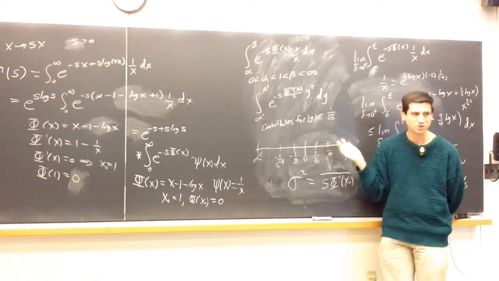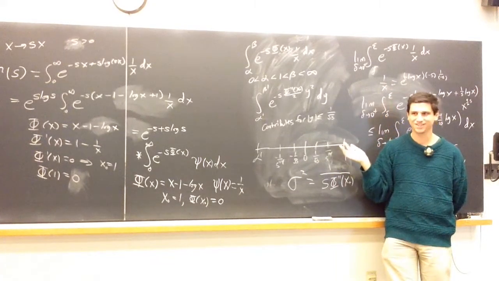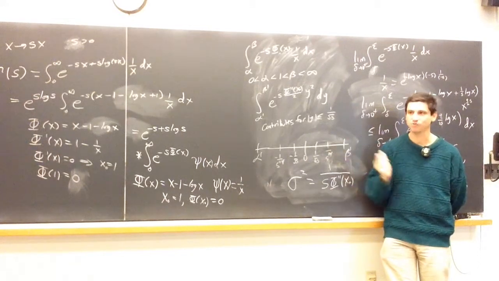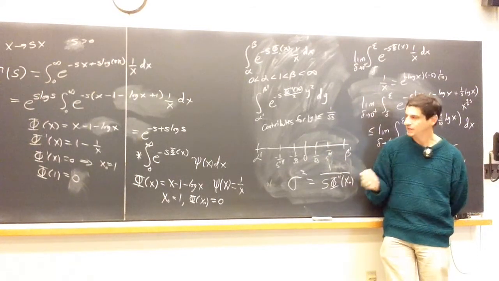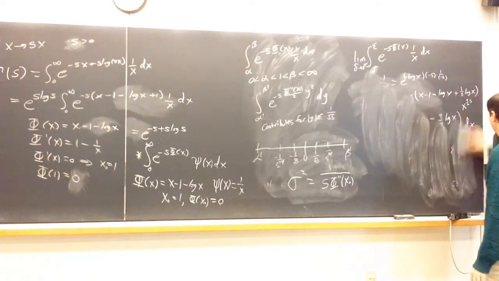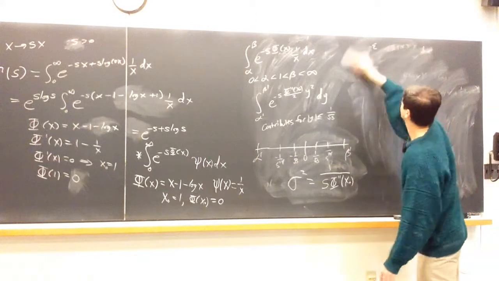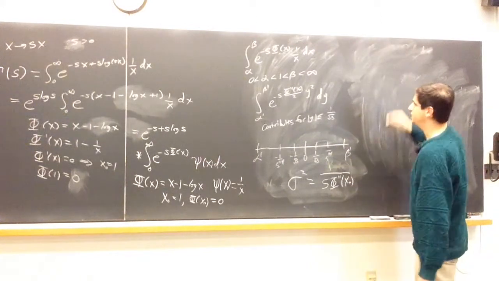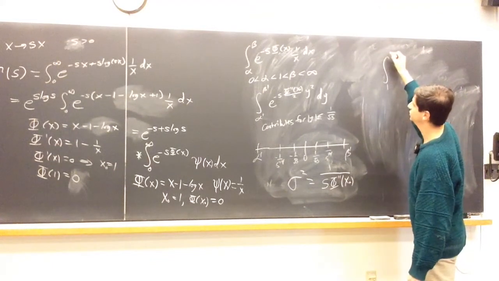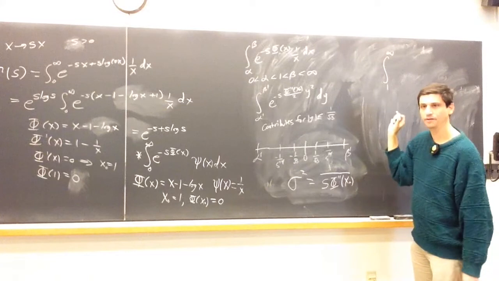Now, this is much worse. This is a horrible, horrible estimate, but it's enough to show that it decays rapidly in s. If you haven't seen that, what we can do is just do the integration. And so we can just integrate from 1 to infinity. Quick question?